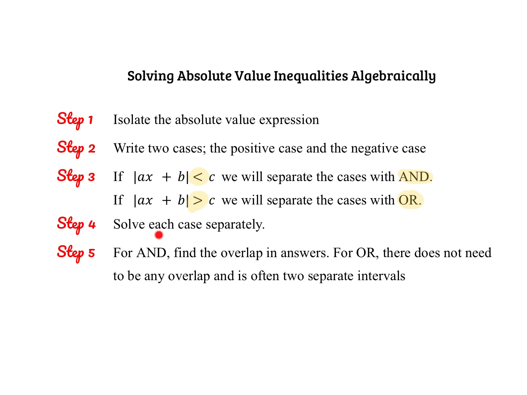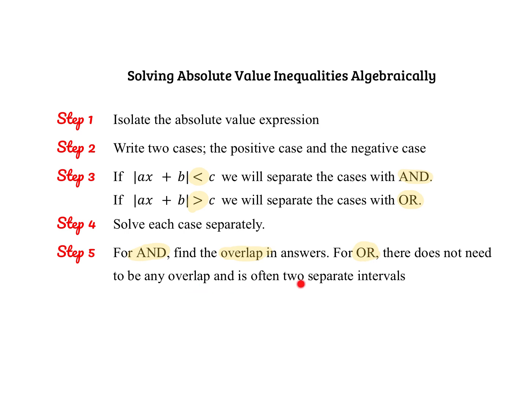So after we solve our cases separately, we need to figure out what our answer actually is. If the two cases are separated by the word and, we have to find the answers that overlap. We need to find the values that work for both, because and means it has to work for both. However, if our two cases are separated with the word or, there does not need to be overlap.